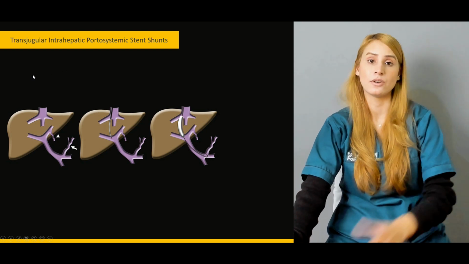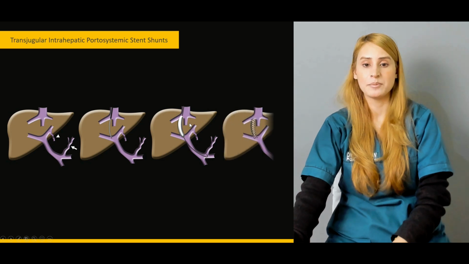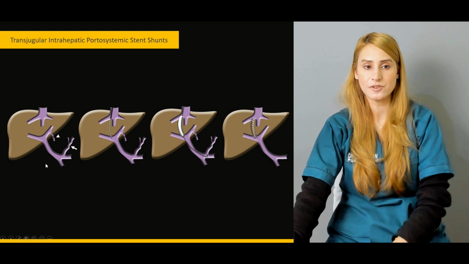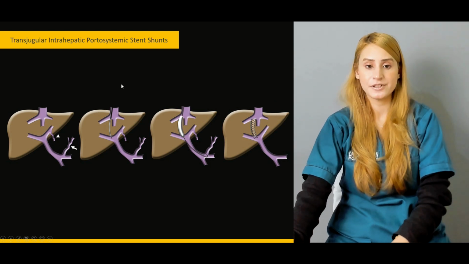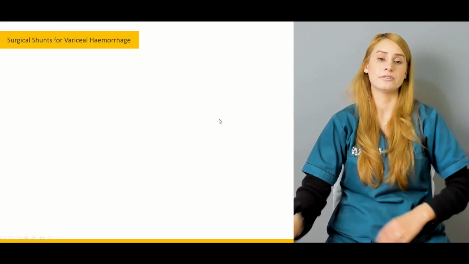As you can appreciate in this diagram, you're coming through the transjugular route, going intrahepatically, and placing these portosystemic stent shunts.